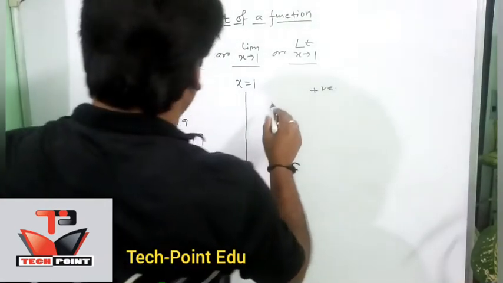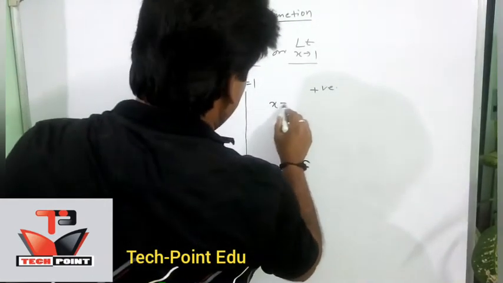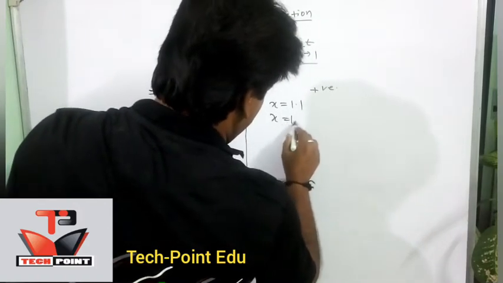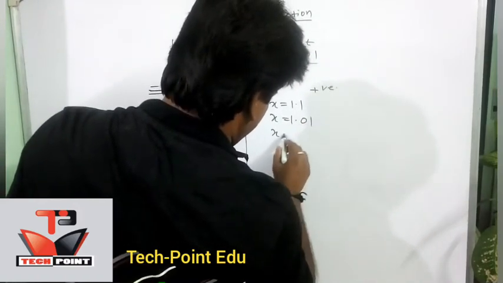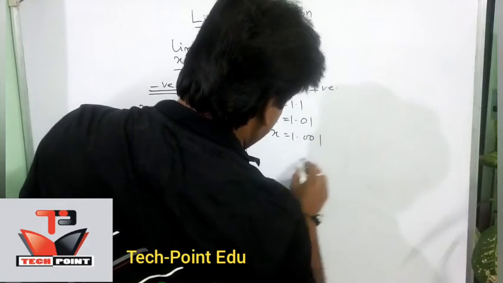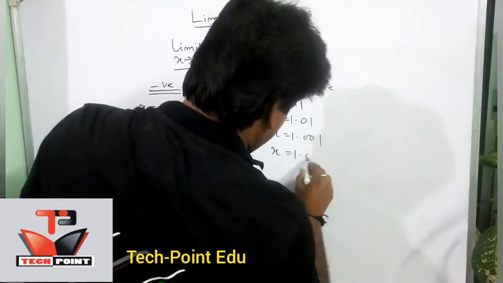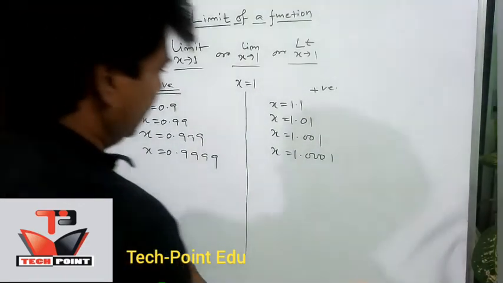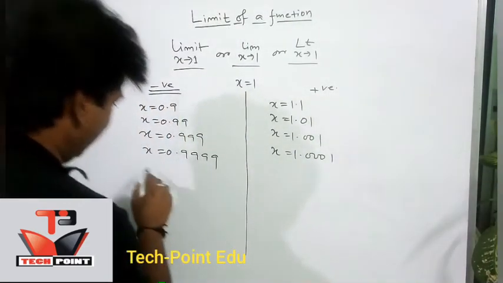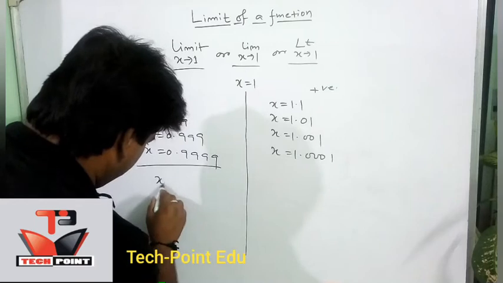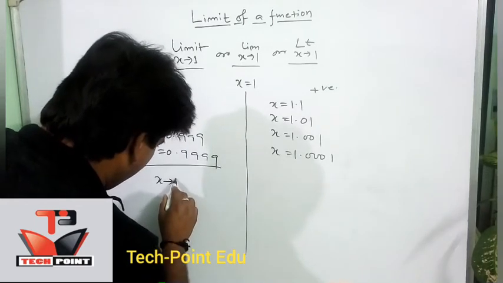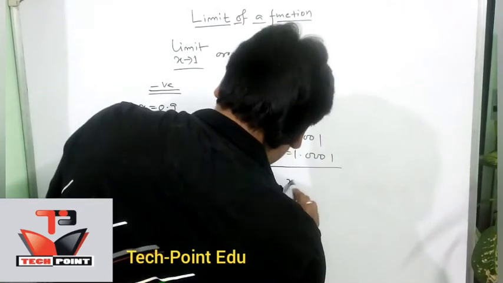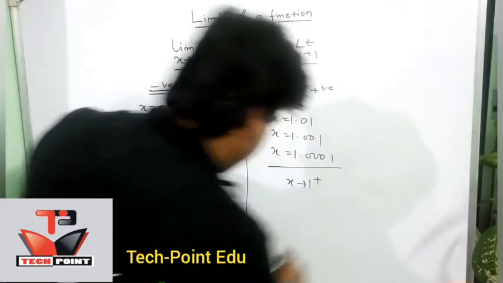In that way, on this side, x equals, suppose, 1.1, x equals 1.01, x equals 1.001, x equals 1.0001. These points I have considered. This side is known as x tends to 1 minus, and this side is known as x tends to 1 plus.